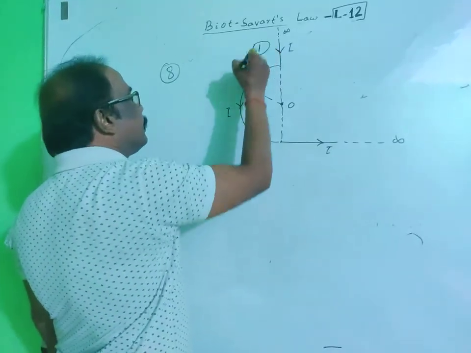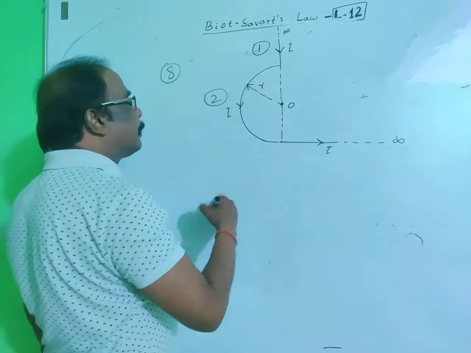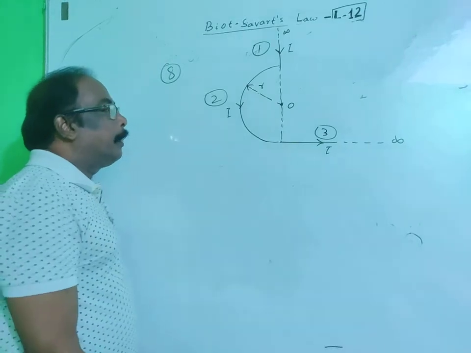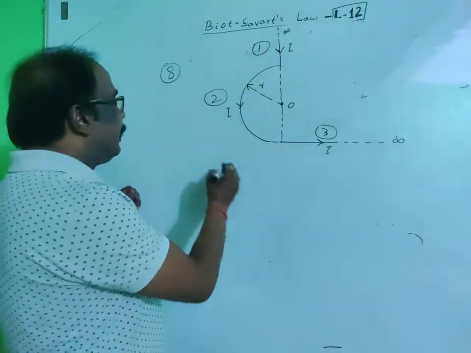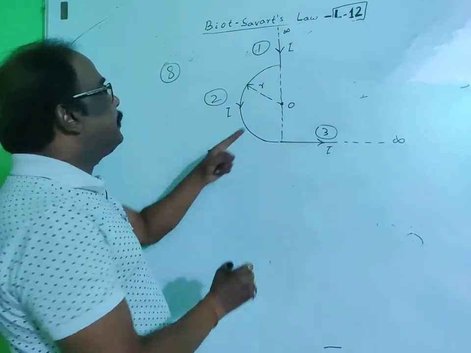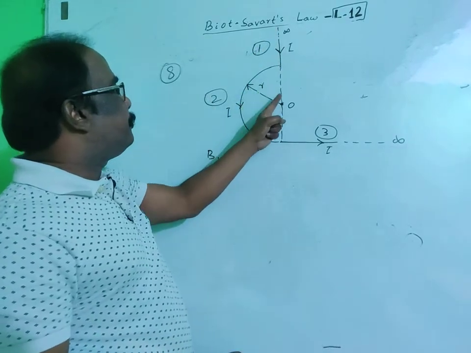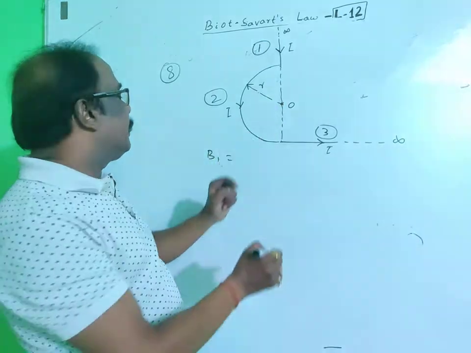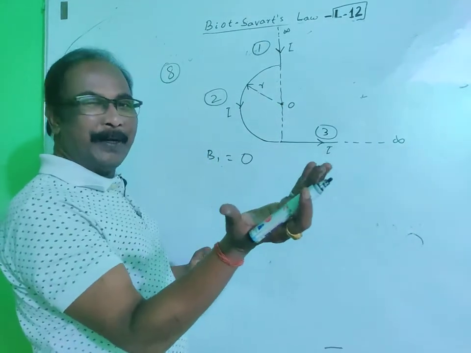Let's take this as conductor 1, the semicircular part as conductor 2, and the straight conductor of infinite length in one direction as 3. Then magnetic field due to the first conductor is 0 because point O lies along the direction of current, so B1 is 0 as we have discussed.